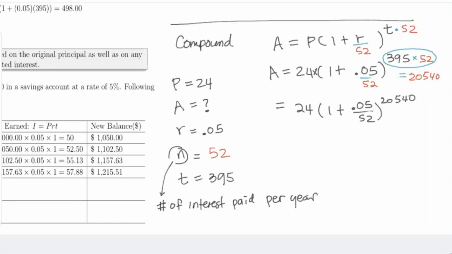So close parentheses. This is my screen. Then to the power. This is the power. You see the power? And then 20540. So 20540. And you enter. And this is what Kayla has. Oh, now I got it.